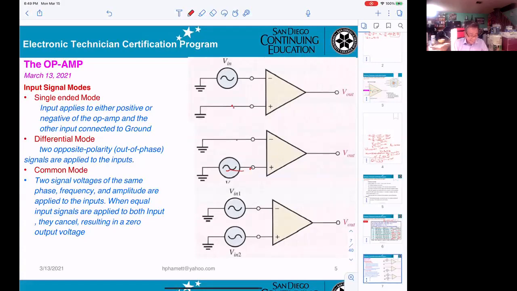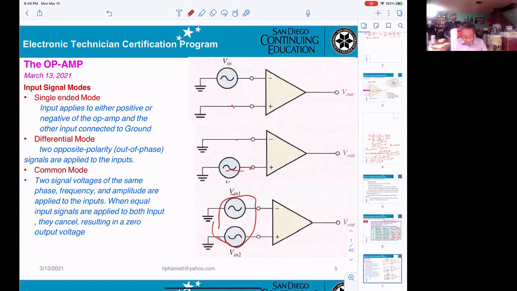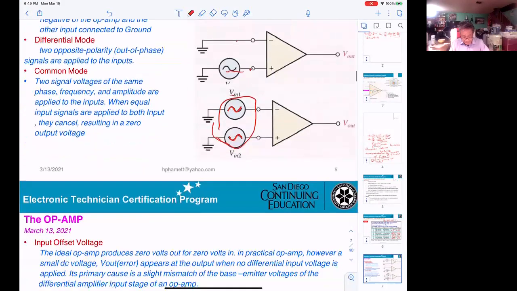That's what they call single-ended. Then this one is a differential input. That means you apply signal to both inputs. Only one thing they will be asking you: the inputs must be out of phase. One going up, the other going down. Otherwise, they will be mismatched to common mode.